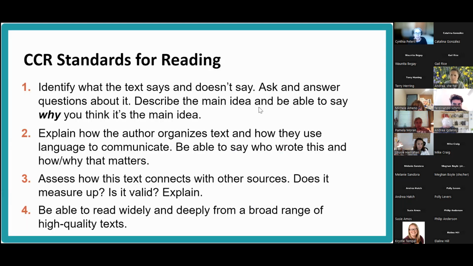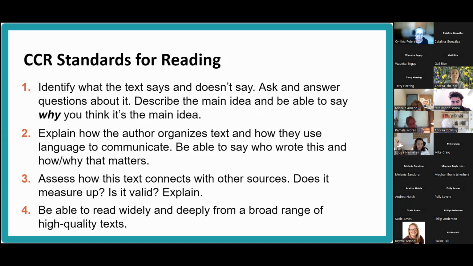Okay, so I mentioned that the change agent works really hard to be aligned to the standards because I'm thinking about what teachers and students need out there. We're trying to make engaging, empowering, inspiring, motivating content, but at the same time, we want to create activities that are aligned to these standards. Things like helping students identify what the text says, describing the main idea, being able to say why you think it's the main idea.